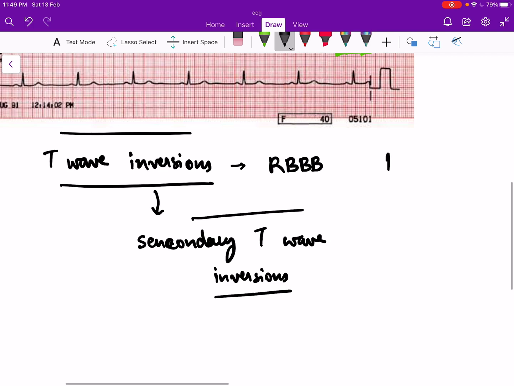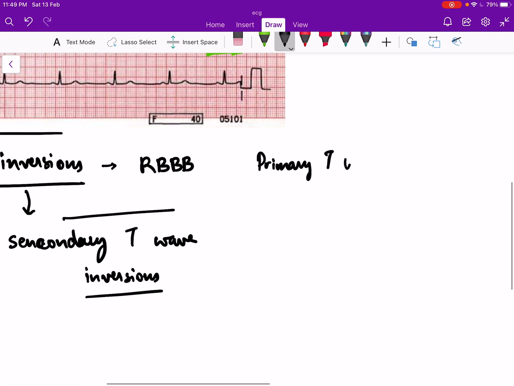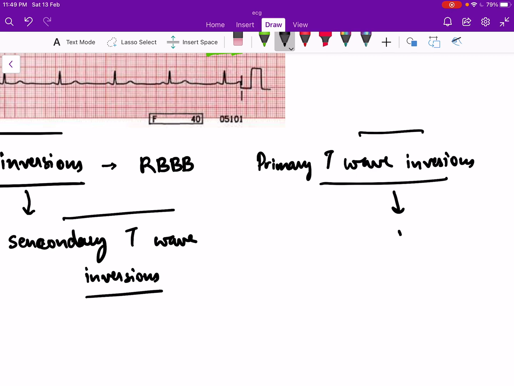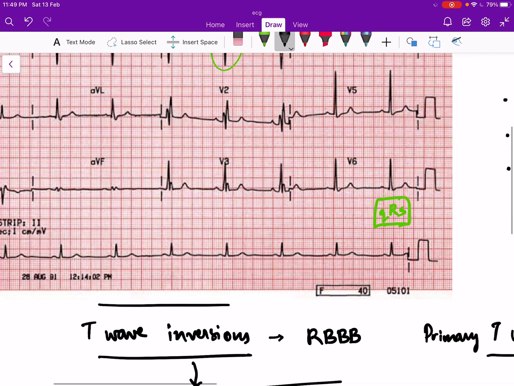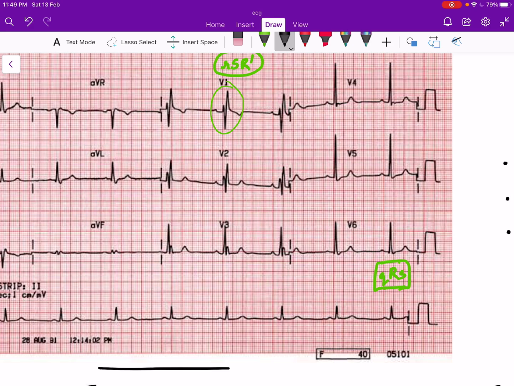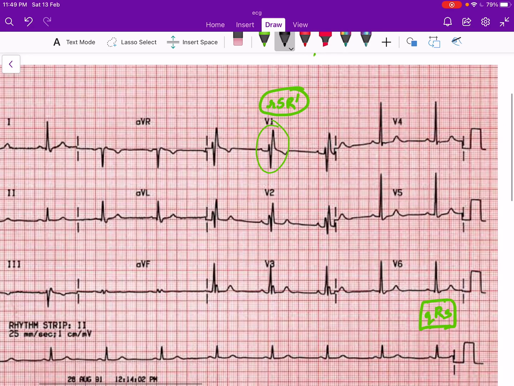Because there is something called primary T-wave inversions. This primary T-wave inversion is seen in the case of MI, when the MI has evolved. Whereas the secondary T-wave inversions are seen in cases apart from MI.